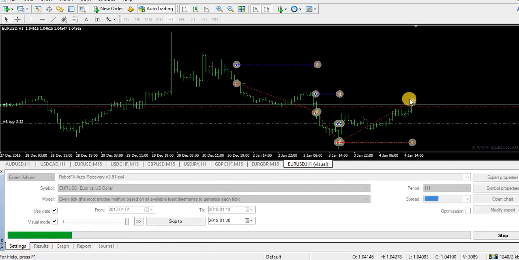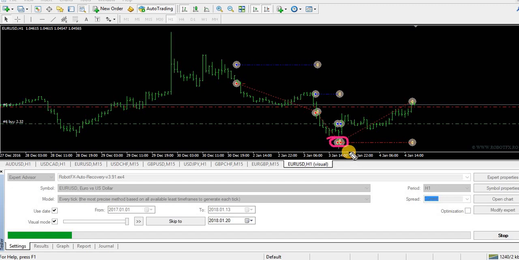Once the minimum profit of $5 was reached, the losing order, this sell, has been closed, the pending sell has been canceled, and now the expert advisor is trailing the price, this winning trade, the buy of 2.32 lot size. And if the price will continue up, then we of course will have a winning trade. From this level up, it will be a winning trade.